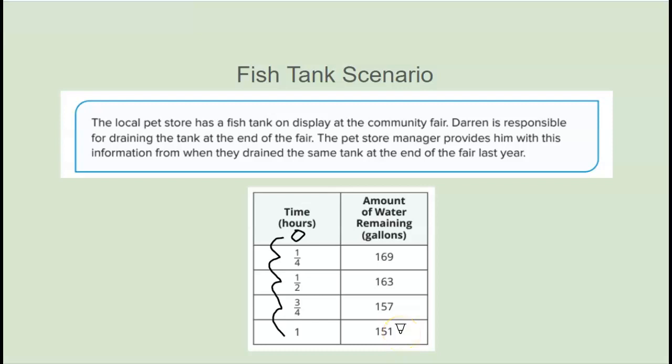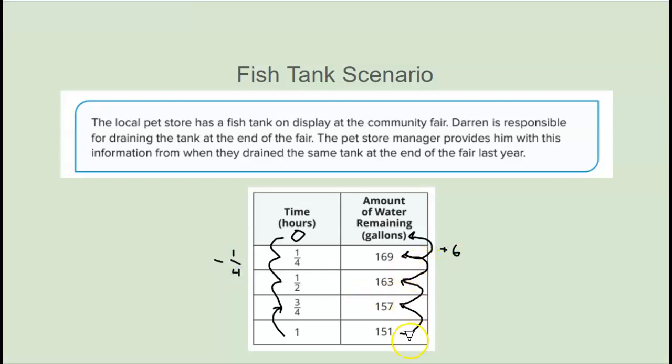What's happening here? What's the pattern? This is going up 6. This is going up 6. This is going up 6. So to get here will also be add 6, right? Each time we go down 1/4. So on this side, starting at the bottom, we're going down 1/4.